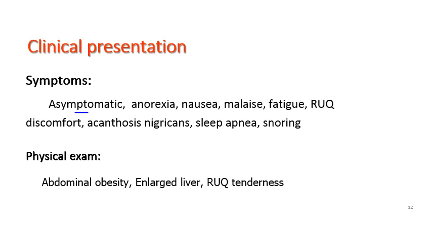But the majority are asymptomatic, and they are found when they do some investigations or checkup, and liver functions are found to be elevated. On physical examination, there is abdominal obesity and an enlarged liver with right upper quadrant tenderness.